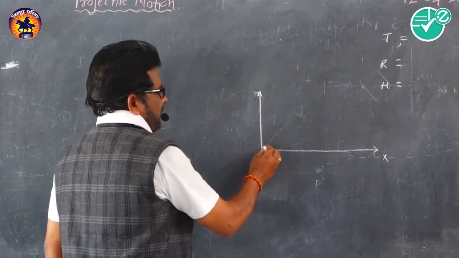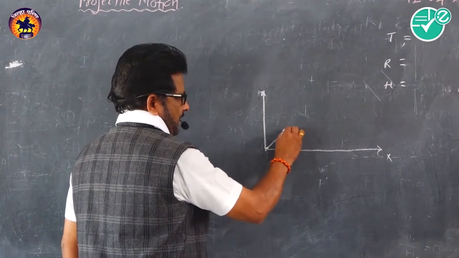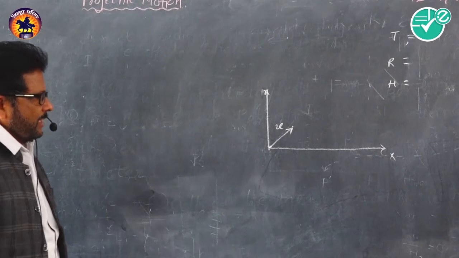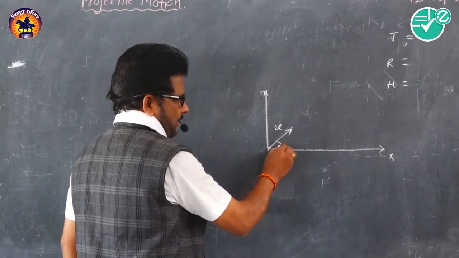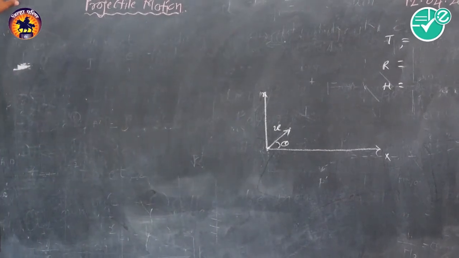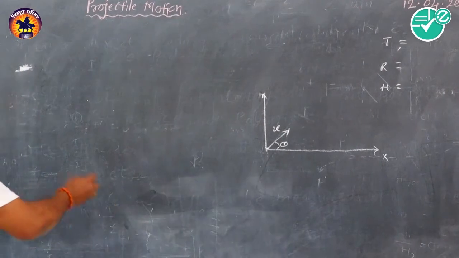Suppose an object is thrown with initial velocity u by making some angle theta with the horizontal, so that theta is the angle of projection.